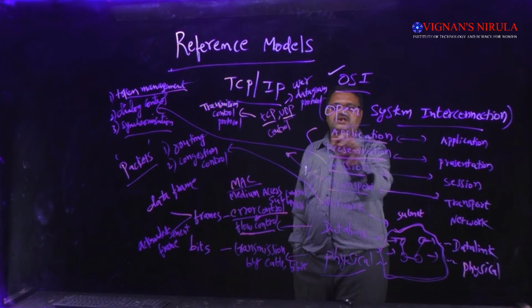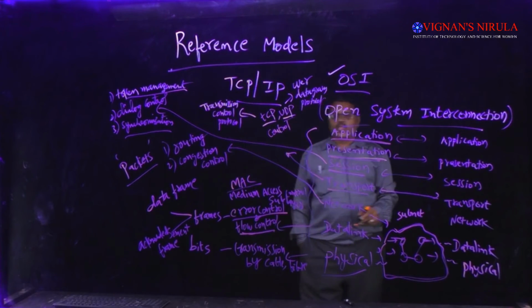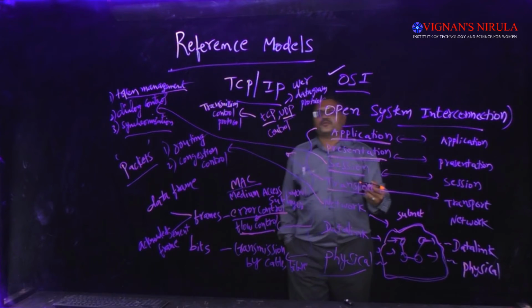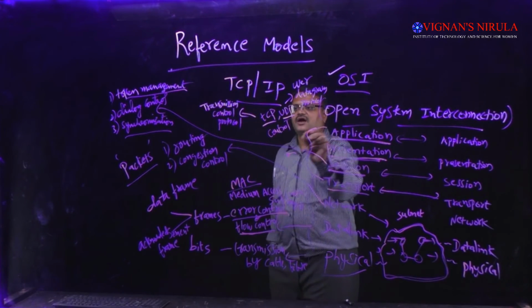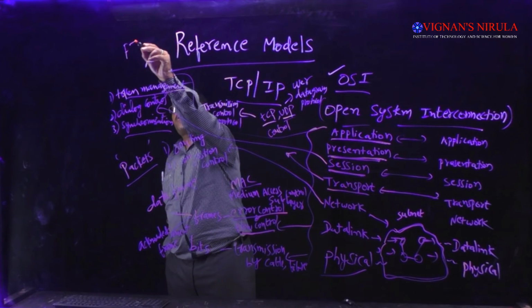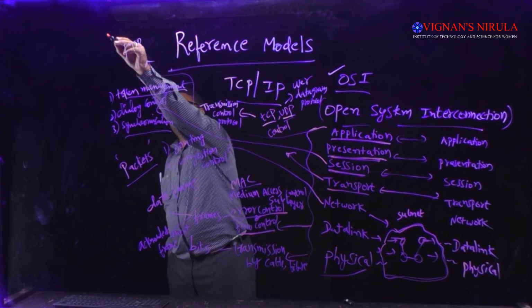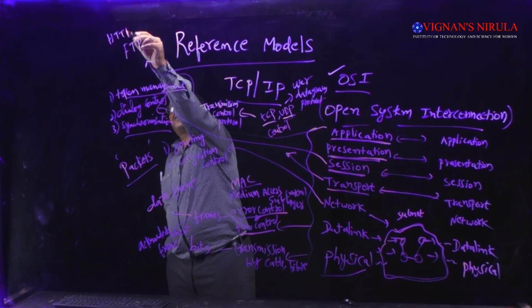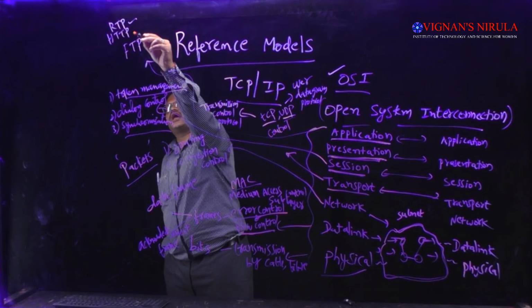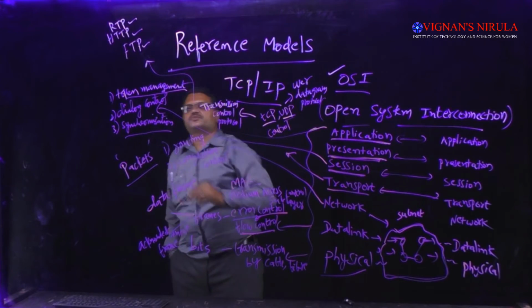Afterwards, the application layer. The application layer's purpose is to transmit protocols like FTP, HTTP, RTP, that is real-time transfer protocol, hypertext transfer protocol, file transfer protocol.